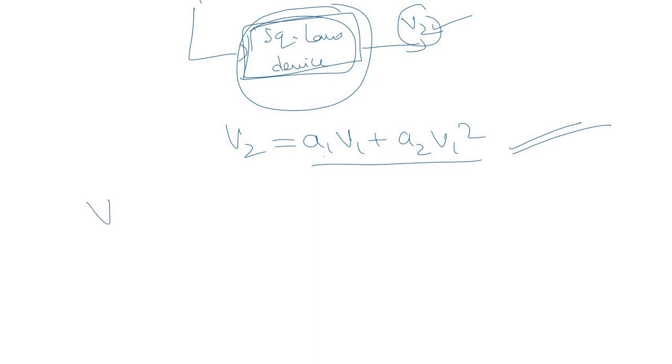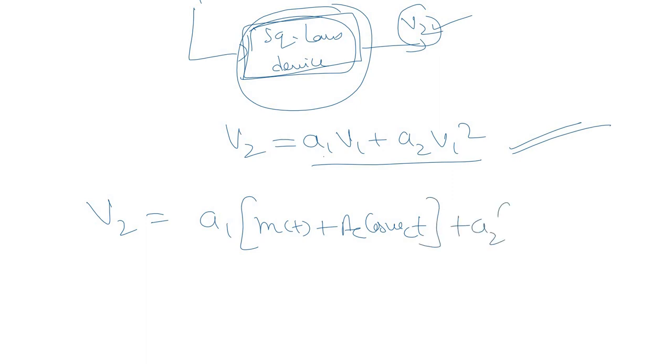Okay, so mathematically V2 will be equal to A1 times V1. V1 is what? MT plus AC cos omega CT, right? Plus A2 into V1 square. So it will be M square T plus AC square cos square omega CT plus 2MT into AC cos omega CT, right?